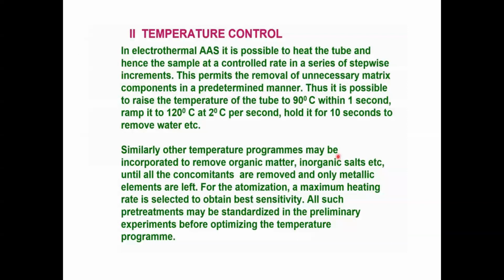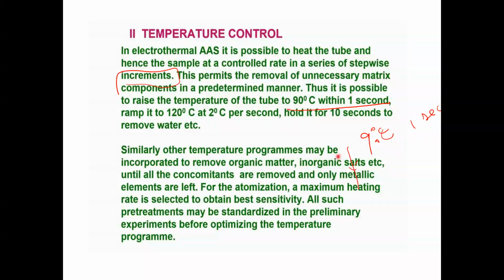This is the temperature control technique, and in electrothermal AAS it is possible to heat the tube, and hence the sample, at a controlled rate in a series of stepwise increments, right? Like here, first you put the tube at 90 degrees centigrade for 1 second, then ramp it.